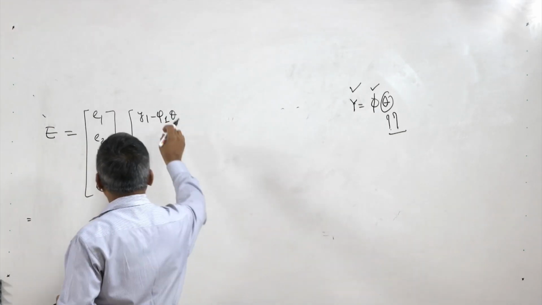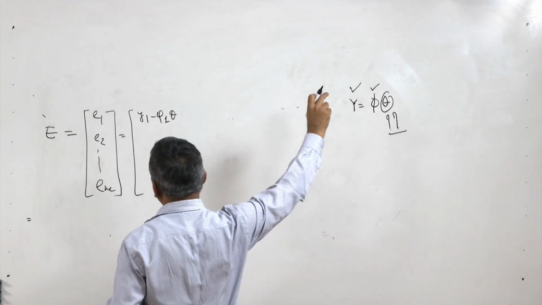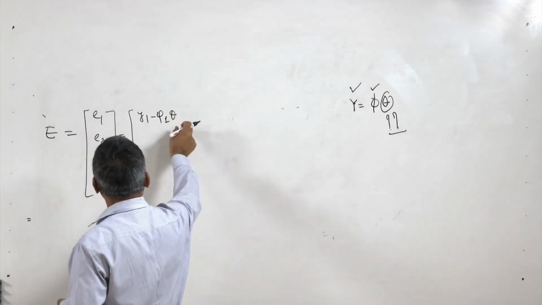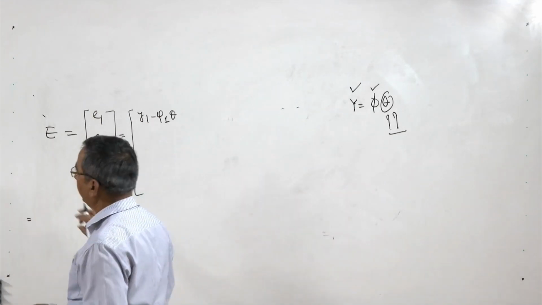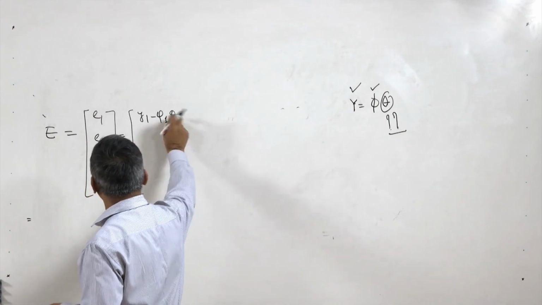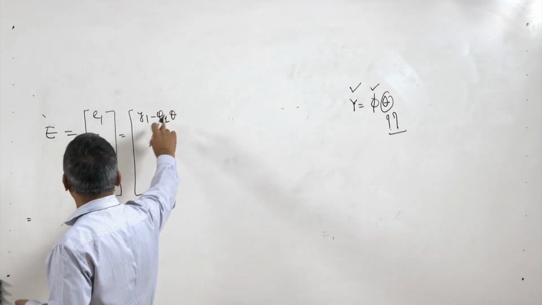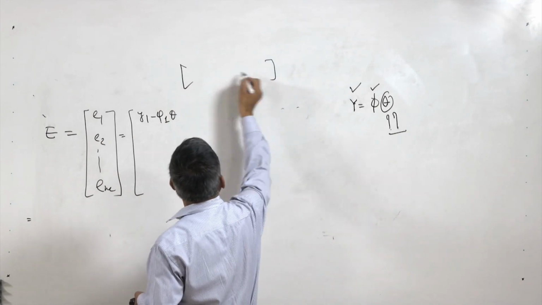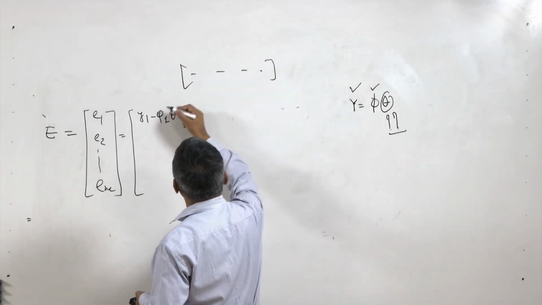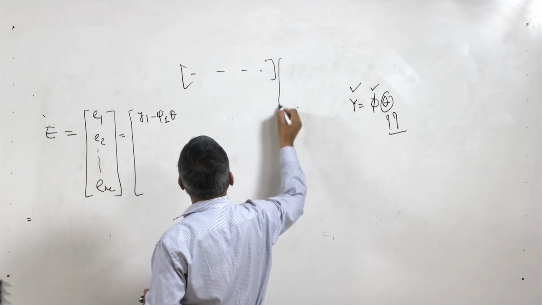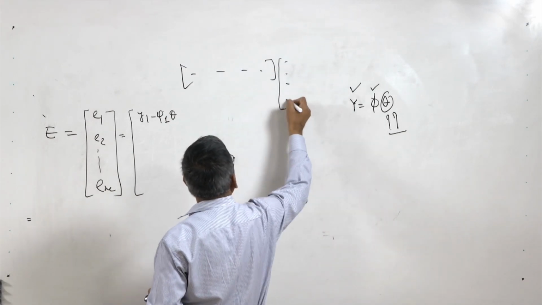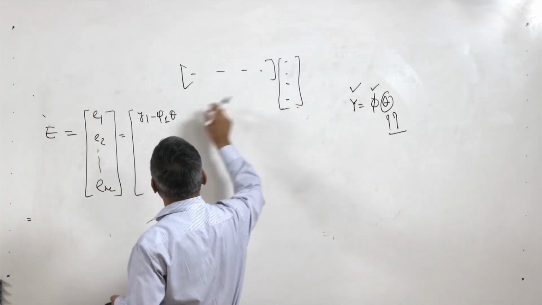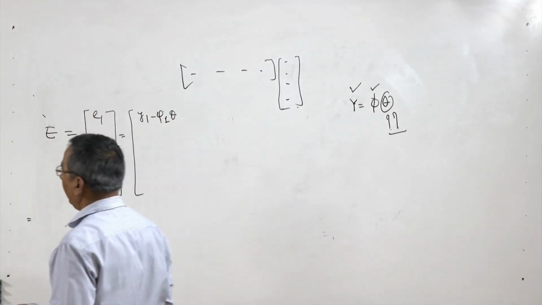Remember here this phi 1 is a row vector, okay, and theta is a column vector. So, our multiplication here of this row and column vector is possible. Alright.